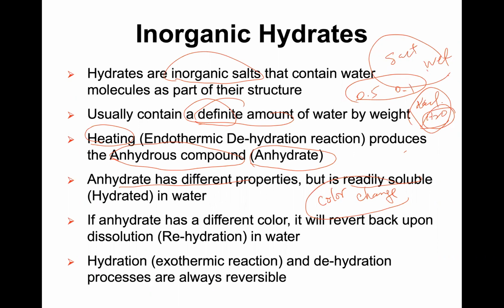The color change can tell you whether water has been removed or not. We often use this to see whether something put in the refrigerator has absorbed moisture or not. If a hydrate has a different color, it will revert back upon dissolution. That means if you have an anhydrate and mix it with water, it can reform the hydrate and regain the color.